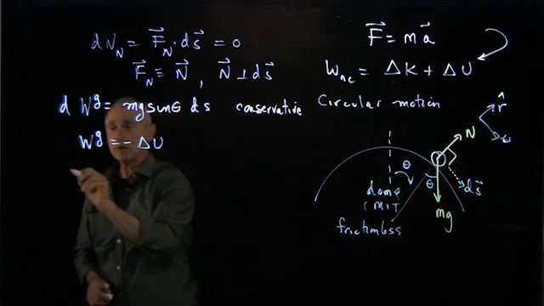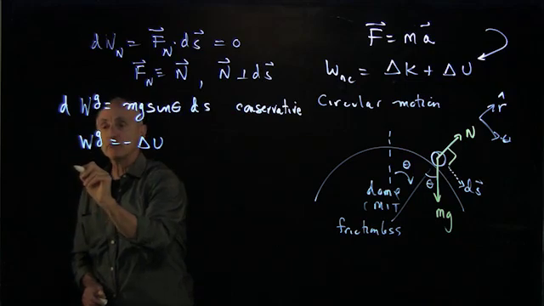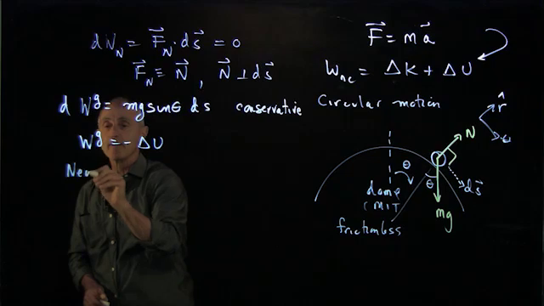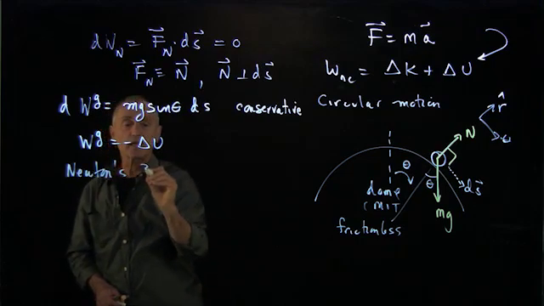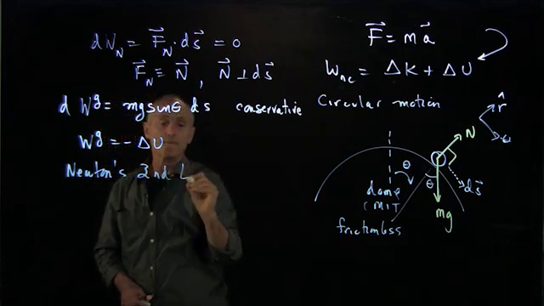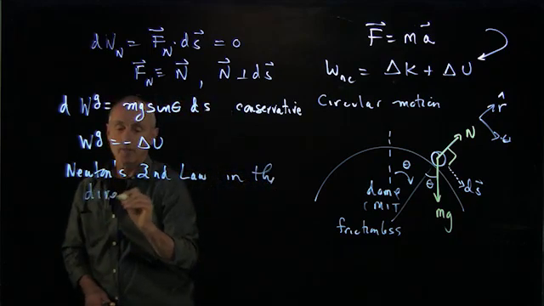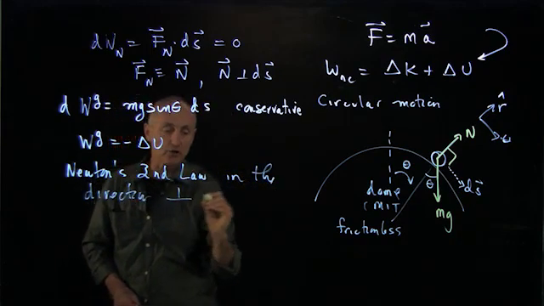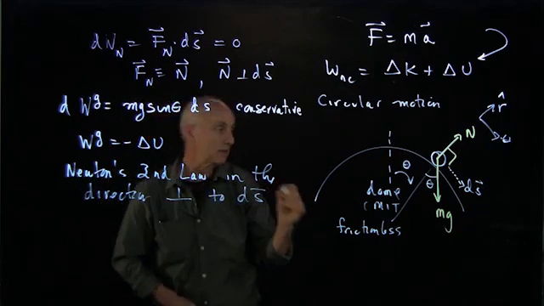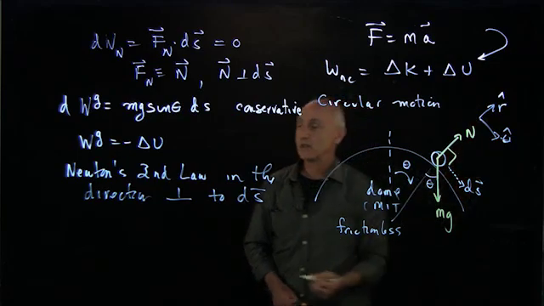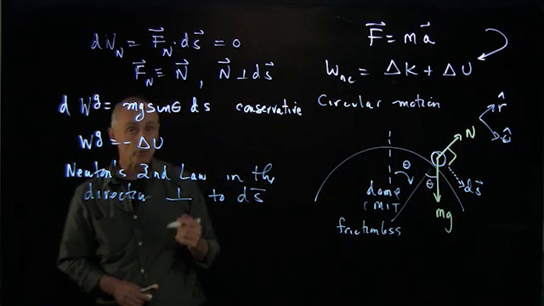So we also need Newton's second law in the direction perpendicular to the displacement. Displacement is in the theta hat direction, so we need Newton's second law in the radial direction.